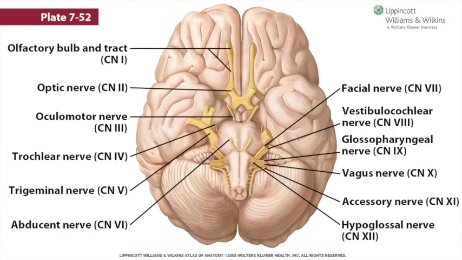The name assigned to each cranial nerve is reflective in some way of their function or distribution. For instance, cranial nerve 3, the oculomotor nerve, provides motor innervation to 4 of the 6 extraocular muscles, the muscles controlling movement of the eyeball within the orbit.